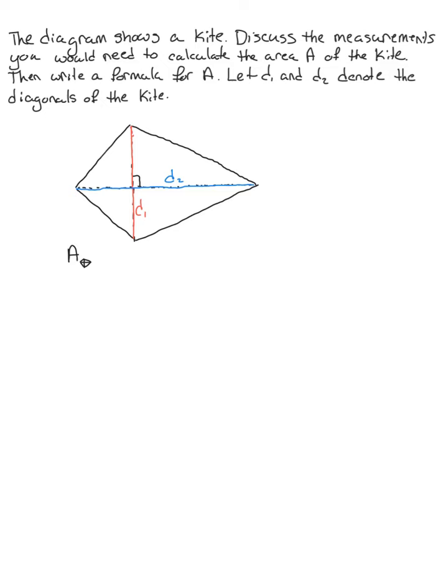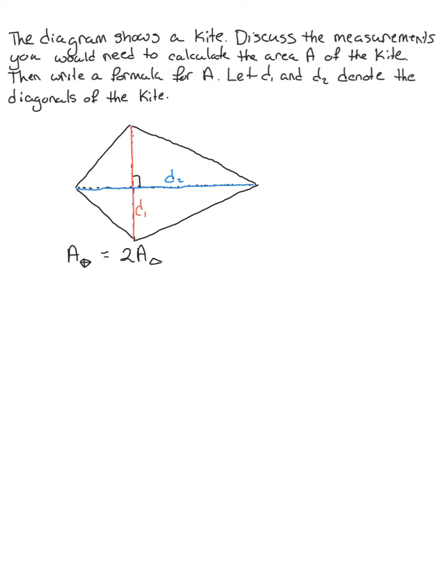So the way we can rewrite the formula for the area of the kite is we can write that as 2 times the area of the triangle, right? Because if we add up the area for both of them, then that equals the area of the kite. Okay, so we've reduced this problem of finding the area of the kite to finding the area of the triangle.